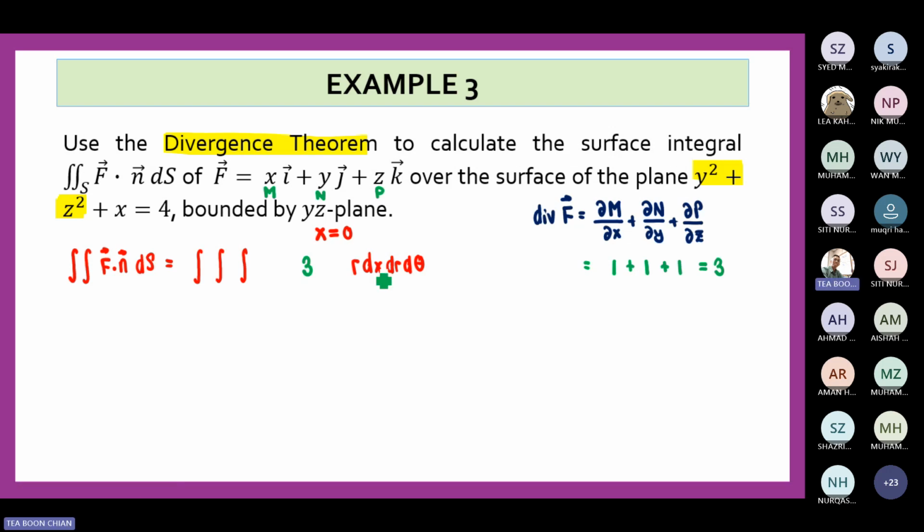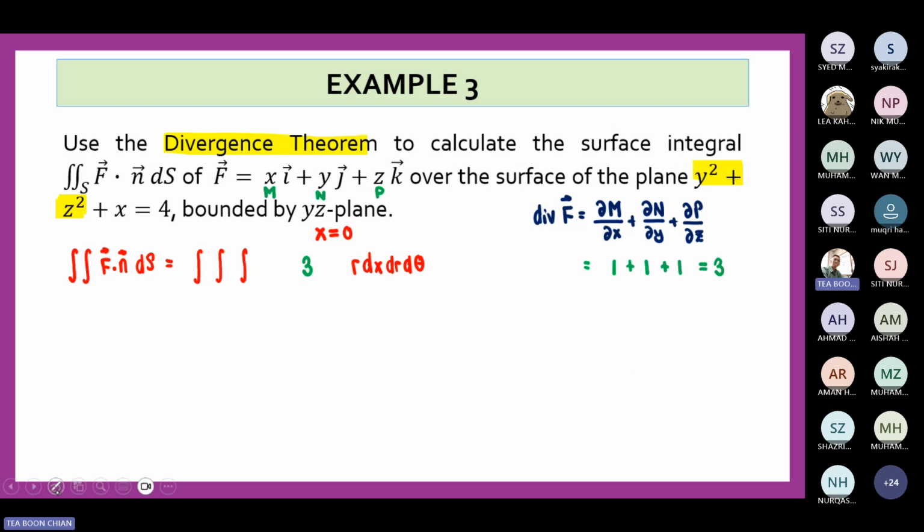Now, since we are fixing dx, look carefully, x is bounded by x equals 0, the yz plane, and also the surface of y squared plus z squared plus x equals 4.